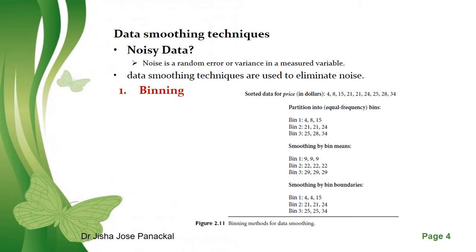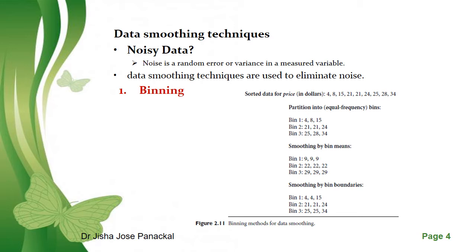Or we can smooth by bin boundaries. For example, we can either use the left boundary value, or we can use the right boundary value. Here it is considered as the left boundary value. So here we are smoothing by the bin boundaries. Here 4, 8, 15, that was the bin 1 value. We are smoothing it by 4, that is the left boundary value, so 4, 4, 15.